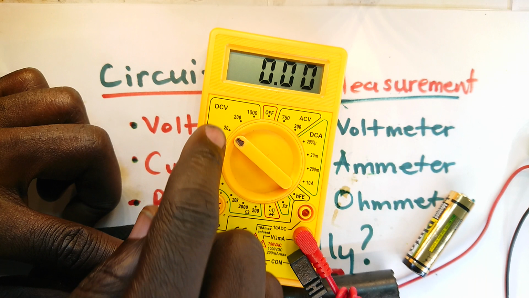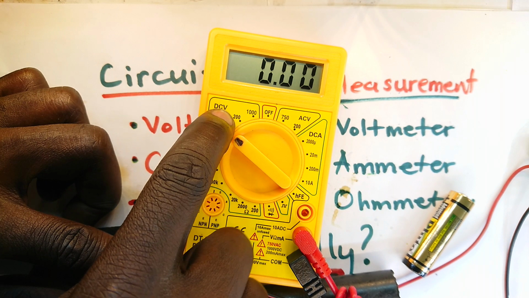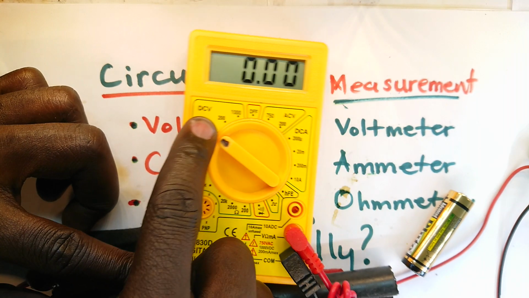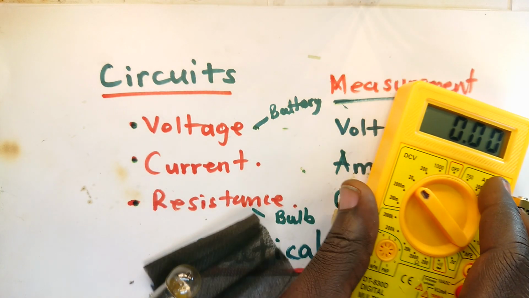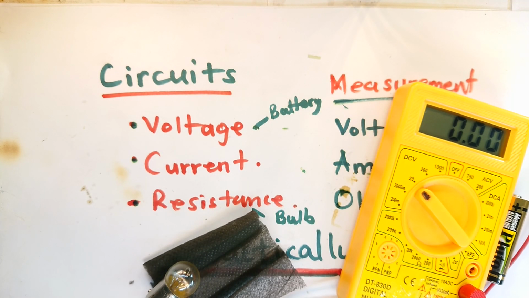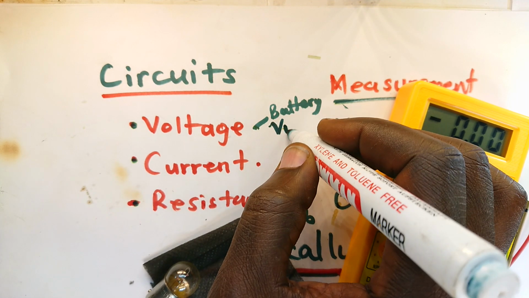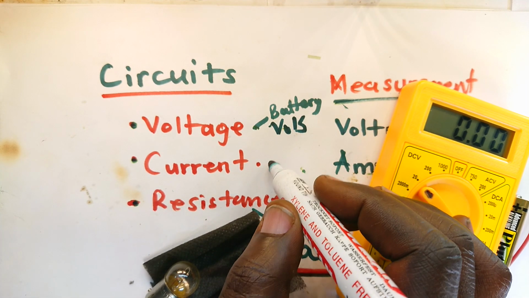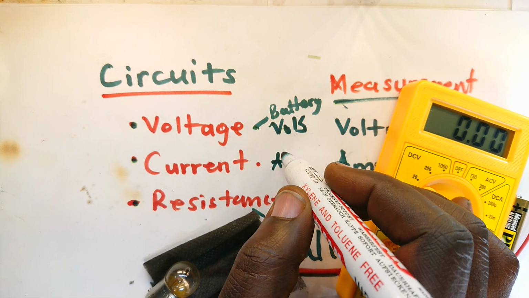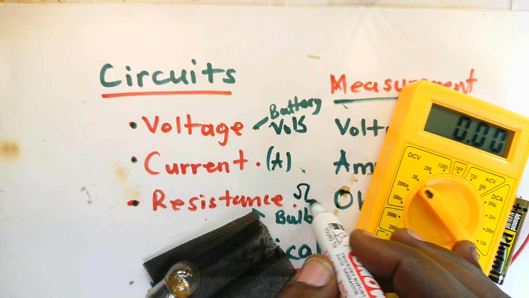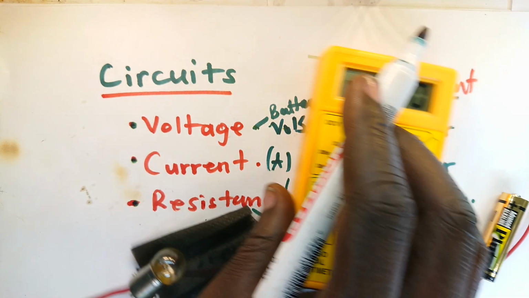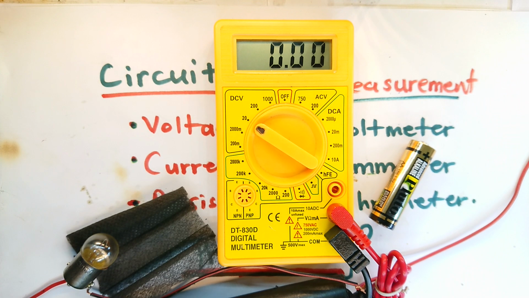I think you might have already noticed the V for voltage, and volts are the units of voltage or potential difference. Volts, and then this is amperes, that's denoted as A, and then this is in ohms, that is denoted by that omega sign.